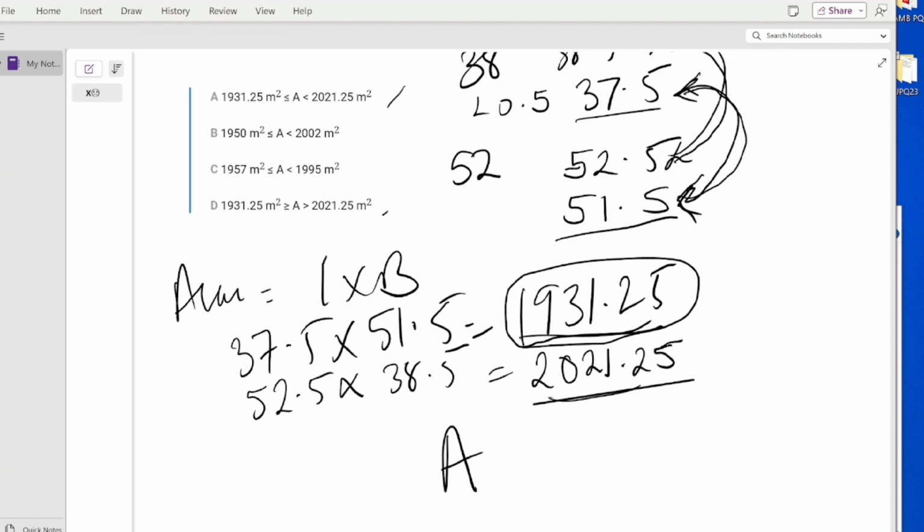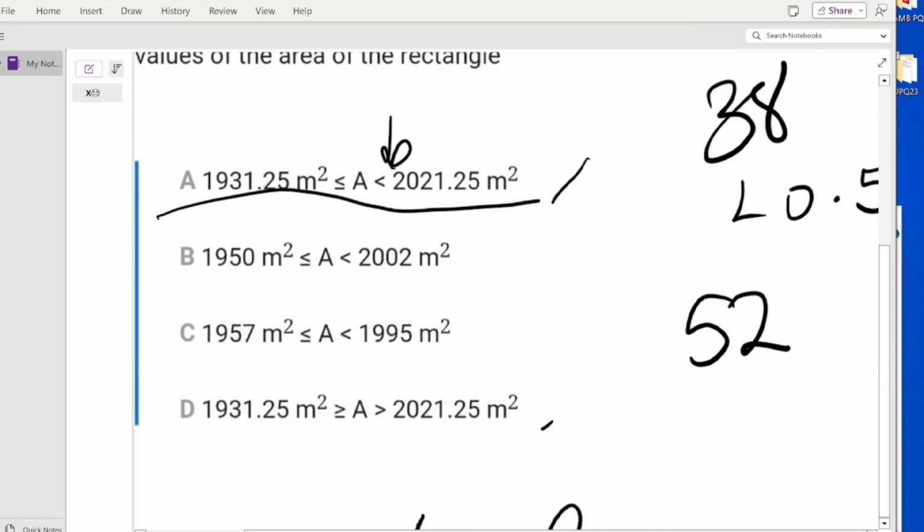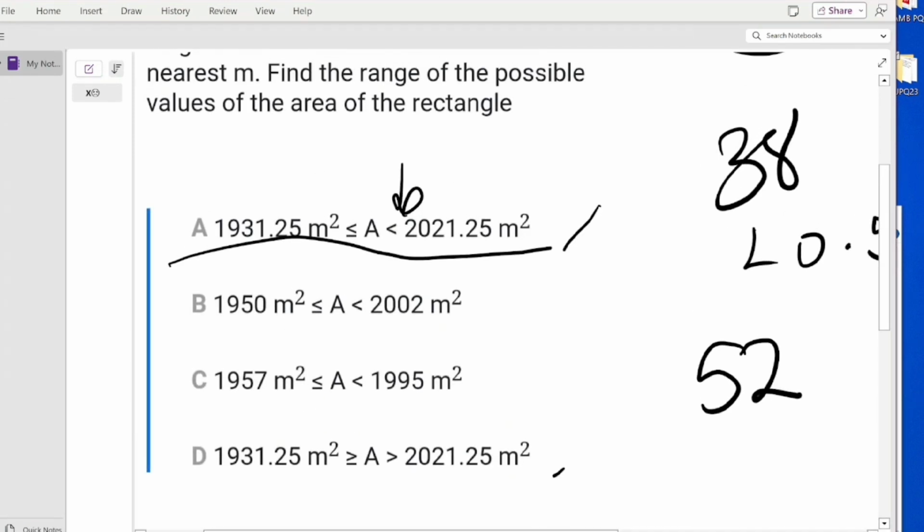So we know it's A, because the greater than and less than signs indicate that the area is less than the bigger value, but also equal to or greater than the lower boundary.